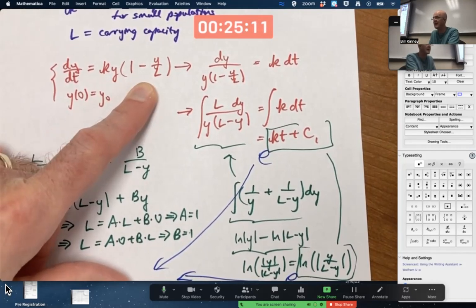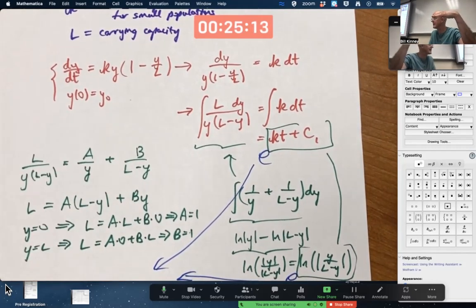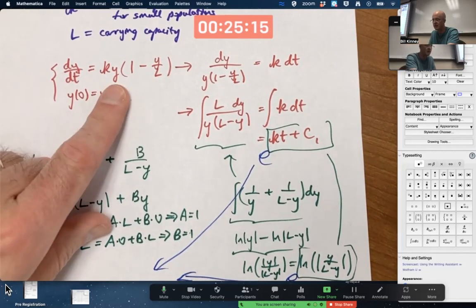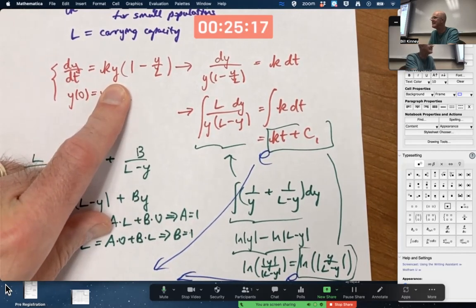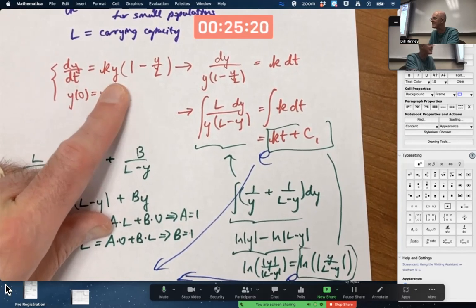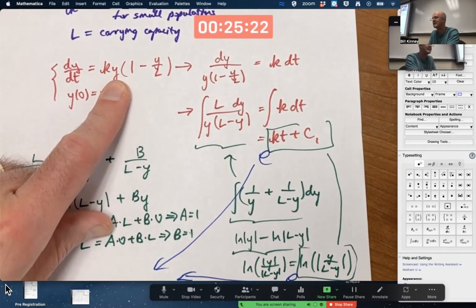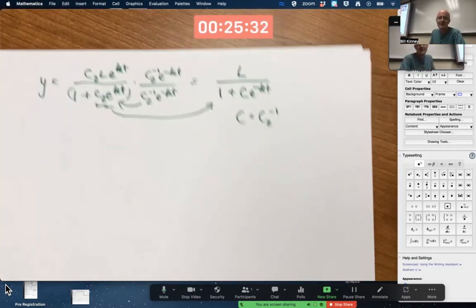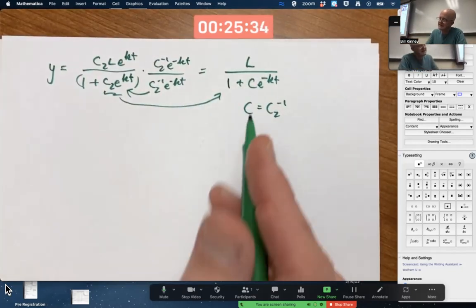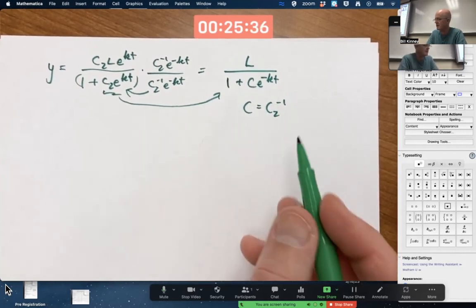Not only is y equals L, that horizontal line, an equilibrium solution, but also y equals 0 is as well, because it makes that 0. And that makes sense with the population. If there's no fish to start with, and you're not allowing fish to be imported, then there will continue to be no fish. So even though this misses it, it's still the most common way to write the general solution.